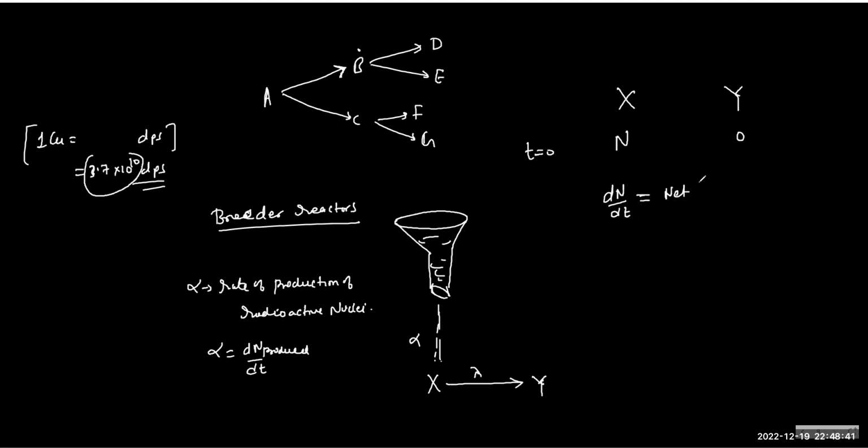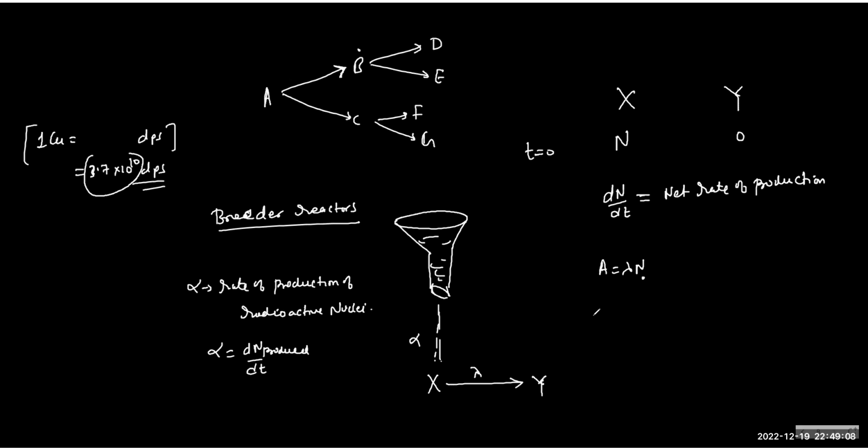This is the net rate of production. Why am I writing net? Because here we have production and then decay. Now decay will grow with time, isn't it? Because if you remember the activity relation, activity is lambda N. So unless we have N, the activity is roughly negligible, isn't it?